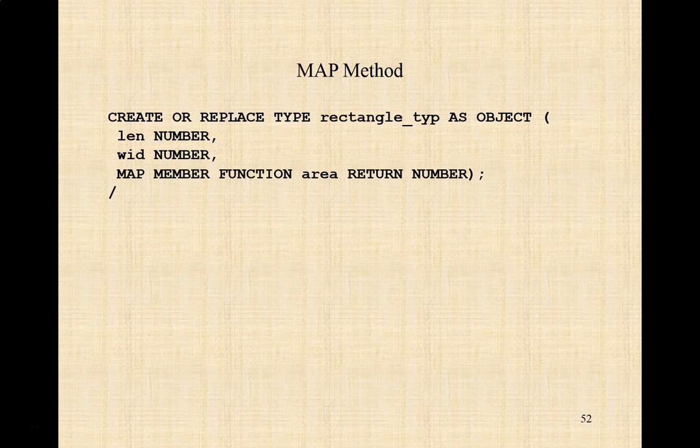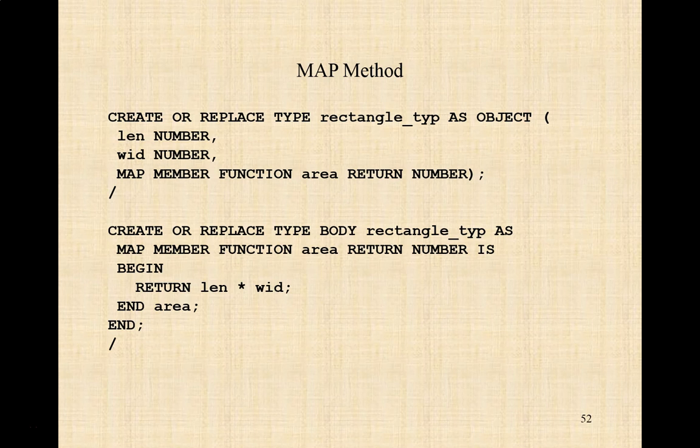In the example we present here, area is declared as a map method and will be invoked automatically by the system when a comparison operation is used. This area function will use the length and the width of the current object to compute the area. One comment we can make about the map method: previously, we had indicated that an explicit invocation of a comparison method might not make sense.